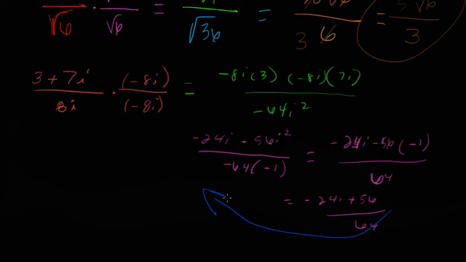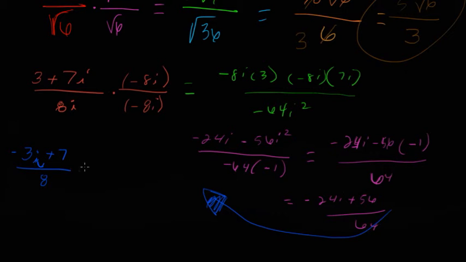So we just have, let's see, minus 24i plus 56 over 64 will simplify to minus 3i plus 7 over 8.